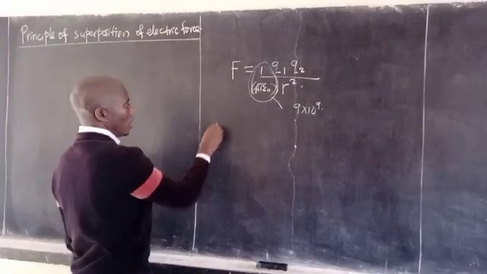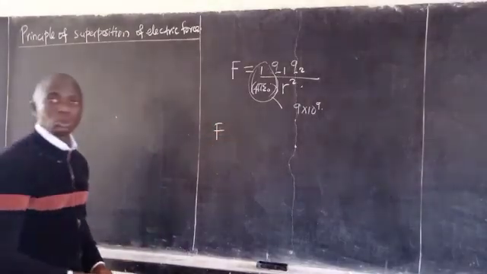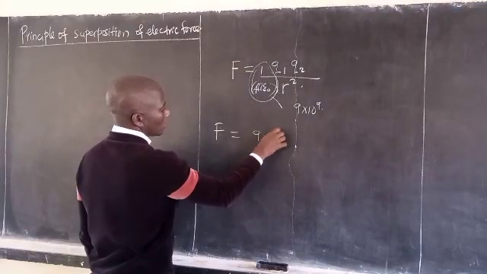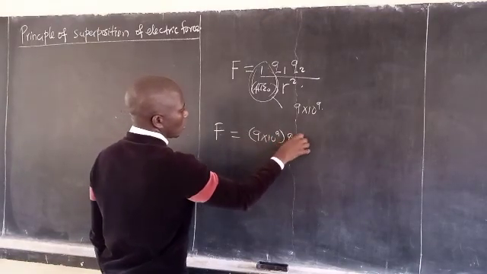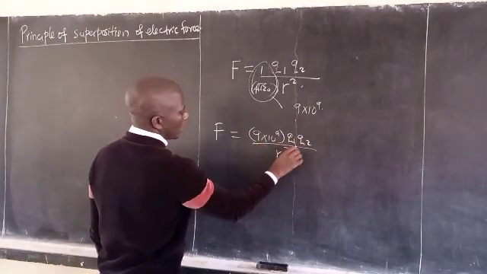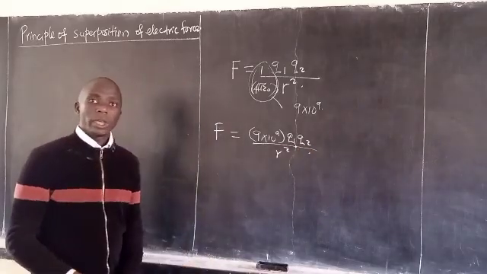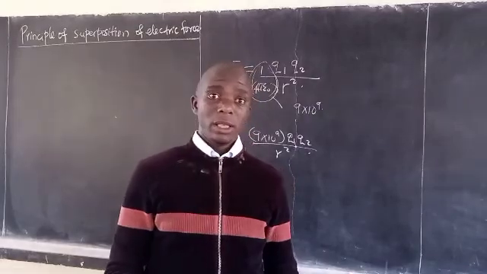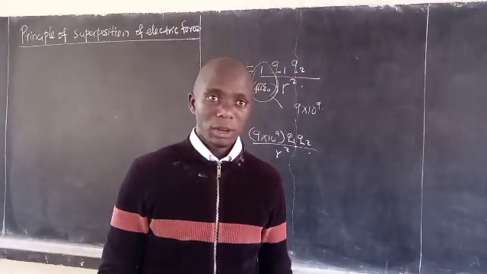And therefore we said that the force between the charges is equal to 9 exponent 9, Q1 Q2, divided by the square of their separation. That's what we ended with in our previous lesson.